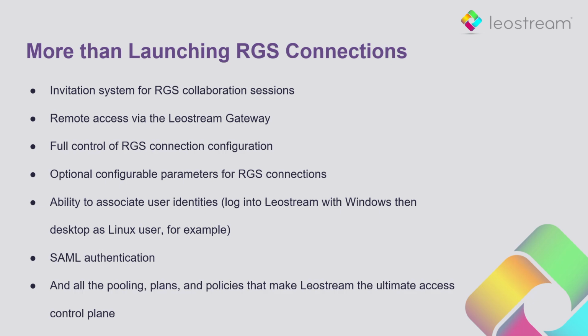And obviously that is very important for your auditing and your tracking of who's using what. And obviously, RGS is the protocol, Leostream is the platform, and all of the pooling plan and policy options make Leostream the ultimate control plane you can use when you're managing workstations or VMs and you're connecting via RGS.